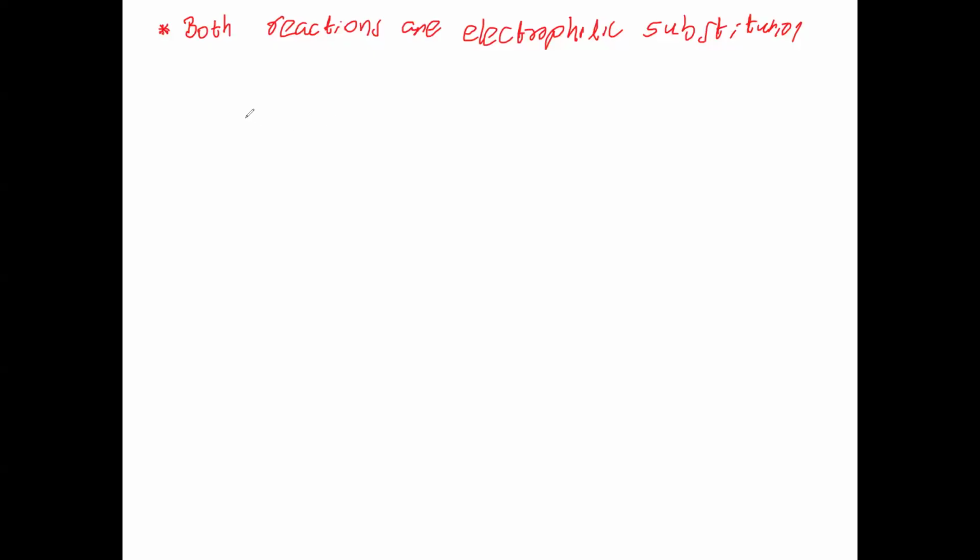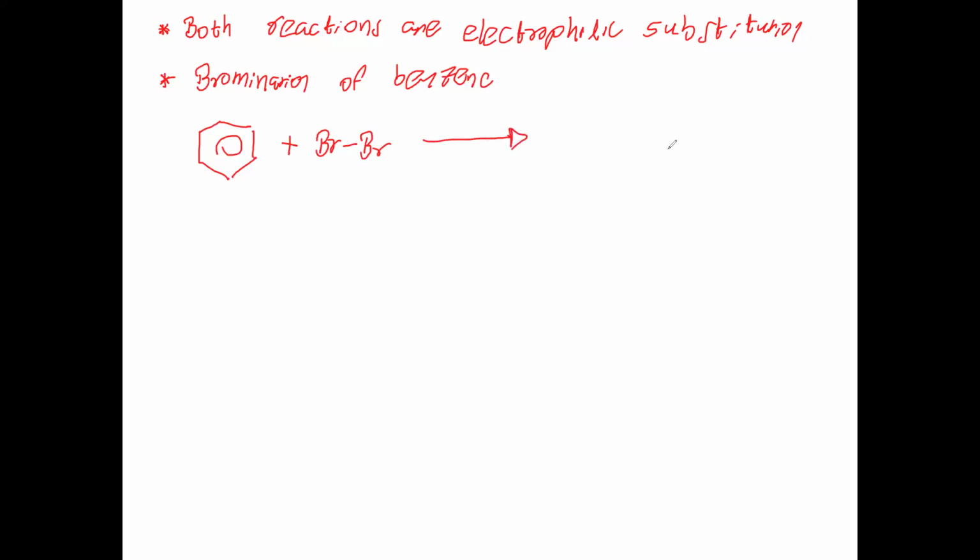You can remember, this is how the bromination of benzene reaction will look like. For benzene, when you add bromine, Br2, you need a catalyst for this reaction. They are not asking the mechanism, so we don't need to do the mechanism, but we'll write the reaction.